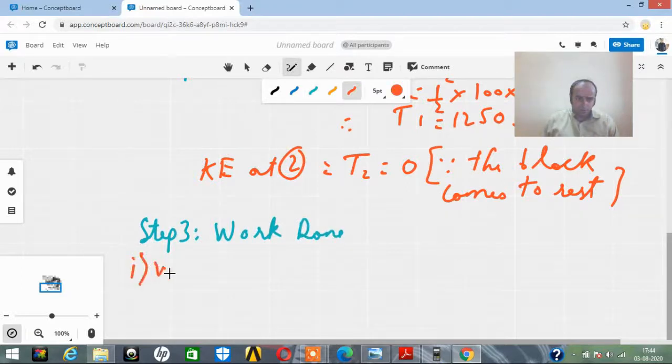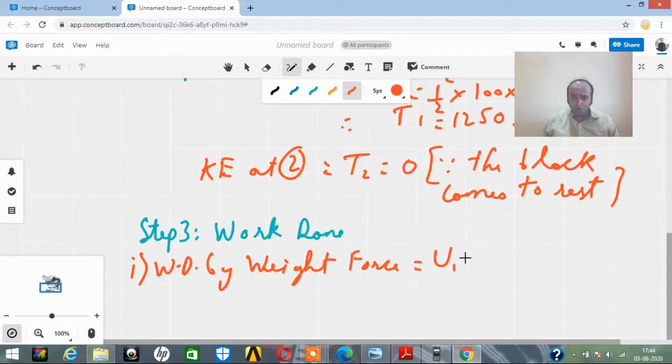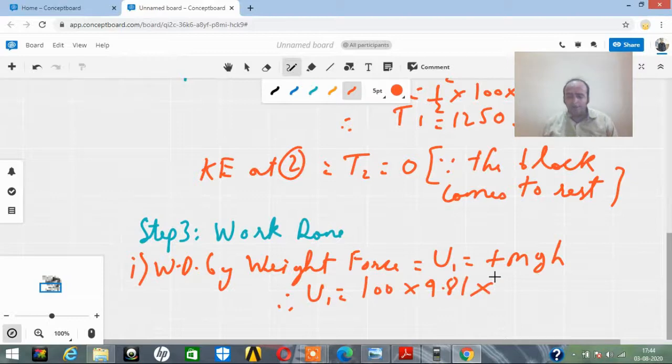First will be work done by weight force. U1 is equal to plus mgh. Therefore U1 is equal to 100 into 9.81 into h.